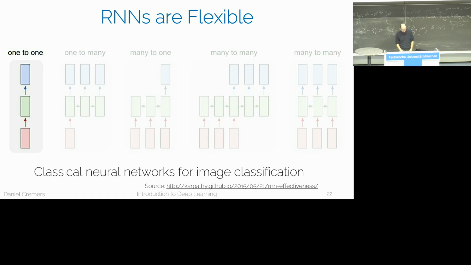For example, if it's a one-to-one, meaning I don't actually have a temporal sequence, just one input and one output, this is a classical image segmentation, image classification. That's what we've been mostly talking about in the lecture so far. That's the classical neural networks for classification.